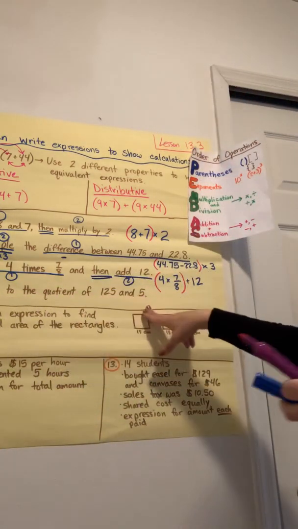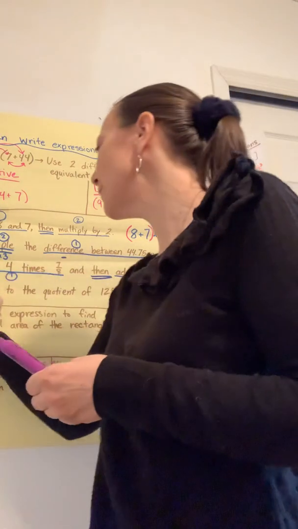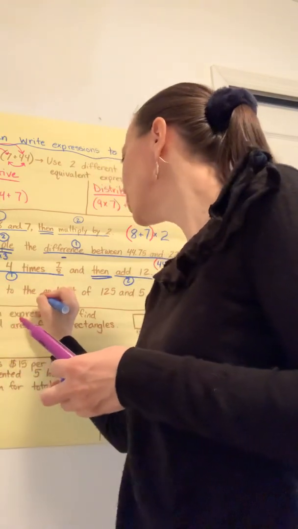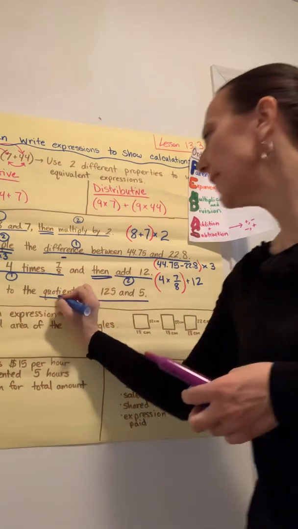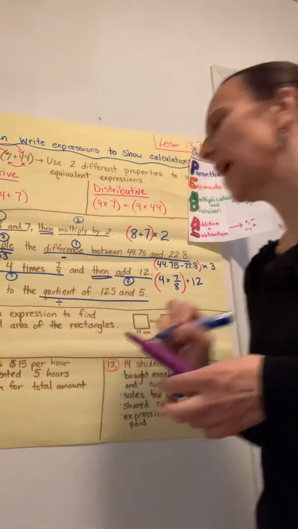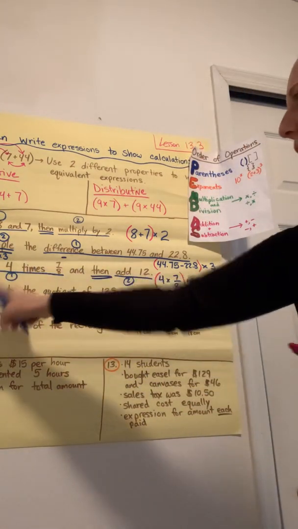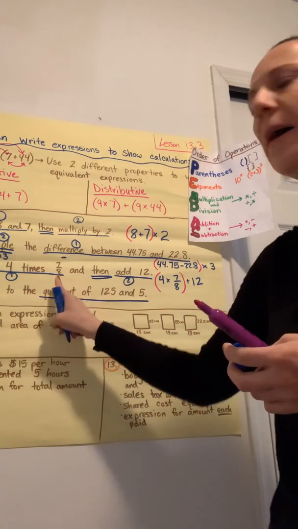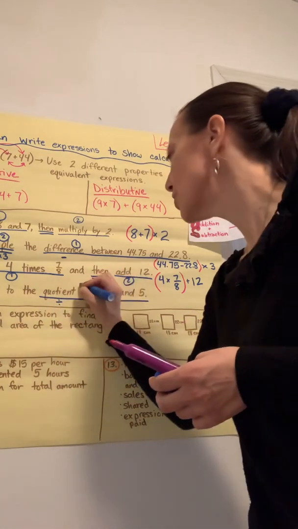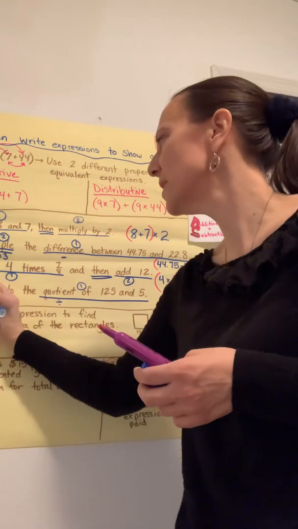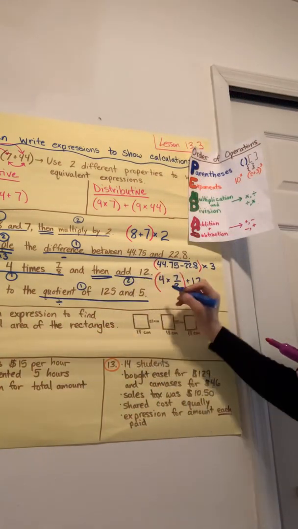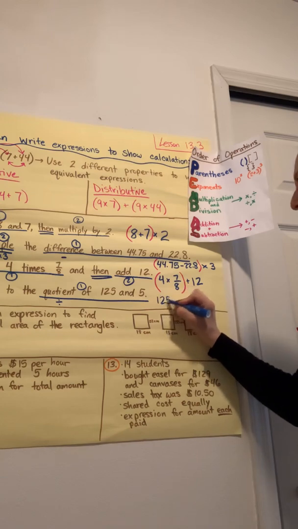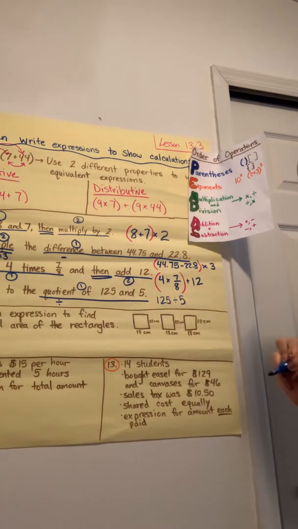Next one is very similar. Okay, I need to add 49 to the quotient of 125 and 5. I know that quotient means divide. But if I'm looking to add to the quotient, that means I've already found the quotient. I've already found the answer. So that means this step is coming first and then this one, which means my expression would say first 125 divided by 5.